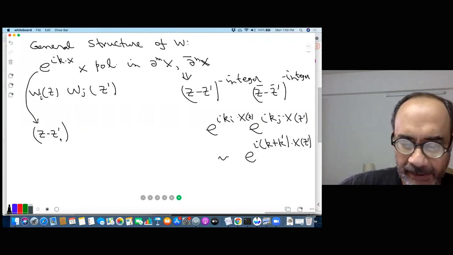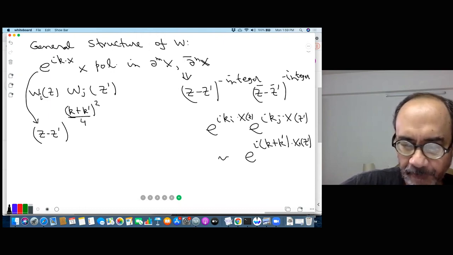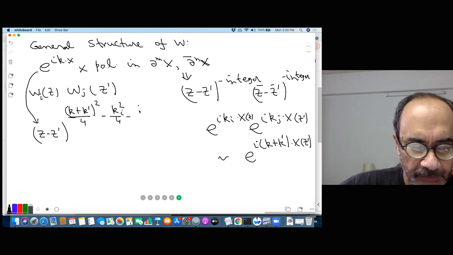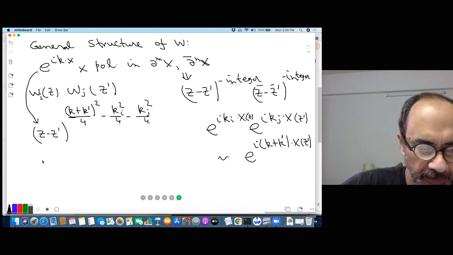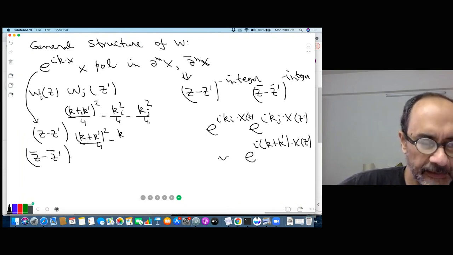So the power of z minus z prime that you will get is (k plus k prime) squared by 4, because that was the conformal dimension of e to the i (k plus k prime) dot x, minus the conformal dimension of this and of this: k_i squared by 4 minus k_j squared by 4. And similarly, z bar minus z prime bar to the same power, (k plus k prime) squared by 4 minus... sorry, this should be k_i plus k_j. Sorry, this is k_i k_j.